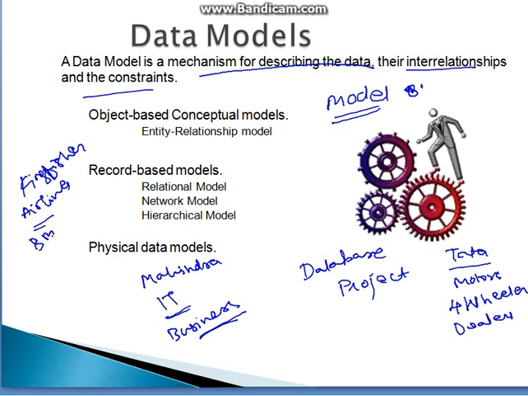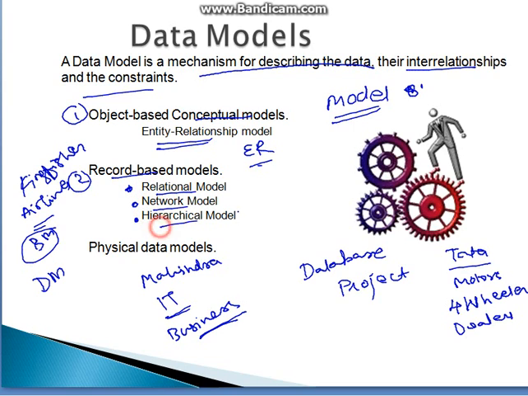So the business model is created with the help of data models. Data models have three different kinds. First is the object-based conceptual model, where entity relationship diagrams are used. Second is the record-based models, which consist of the relational, network and hierarchical models.